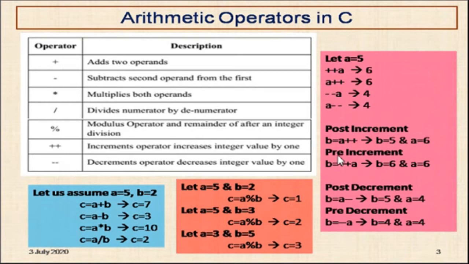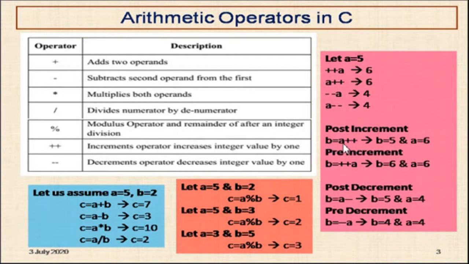Actually, we have two types of increment and decrement operations, that is post increment and pre increment. See the example. B is equal to A plus plus. This is called post increment. That means the value of A will first be assigned to the left hand side variable, then the value of A will be incremented by 1.